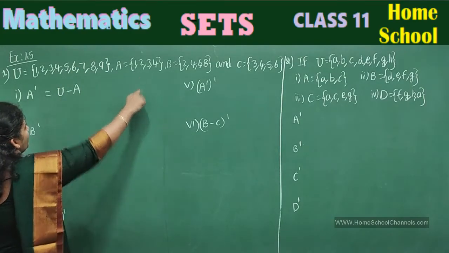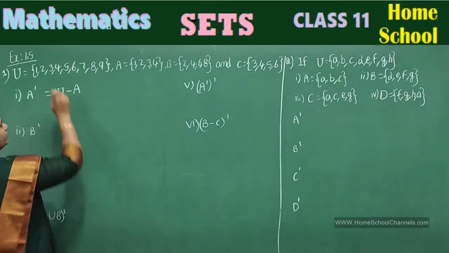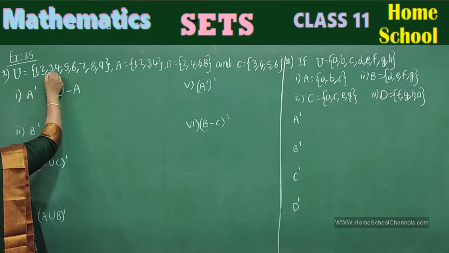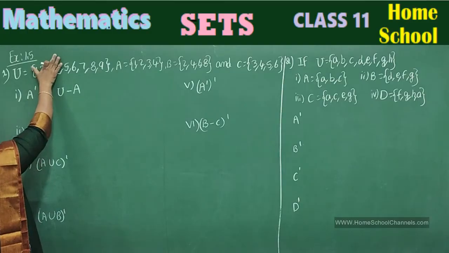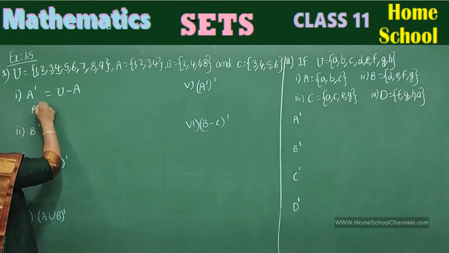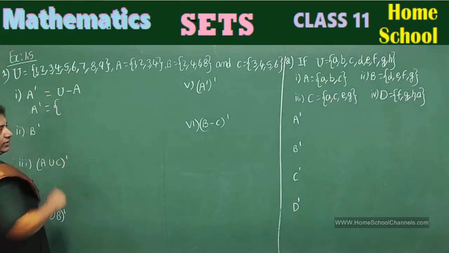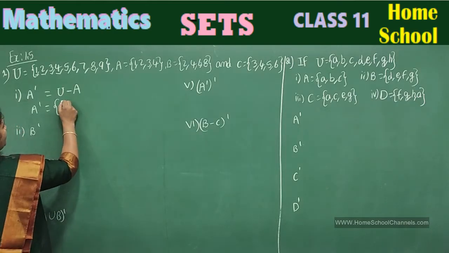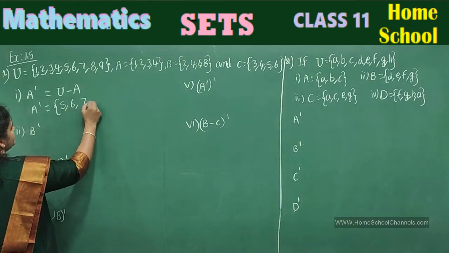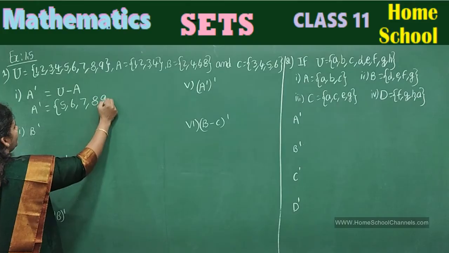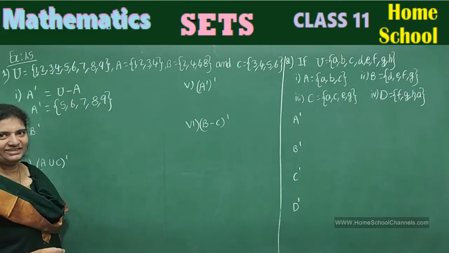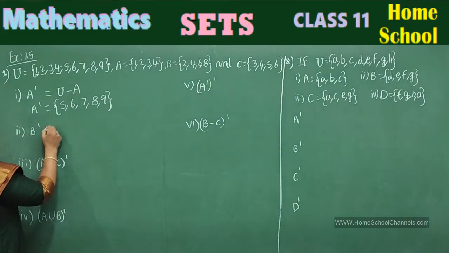What are the A set elements? 1, 2, 3, 4. So observe carefully. Other than these elements, write down, that is only the A complement. 5, 6, 7, 8, 9. That's it.